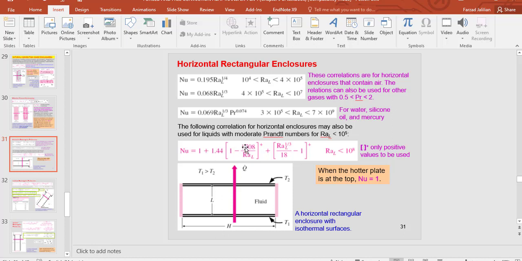And just notice that in this equation, we should only consider positive values for this calculation inside the brackets. And this equation is valid when the Rayleigh number is lower than 10 to the power 8.